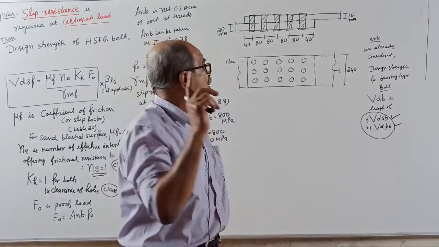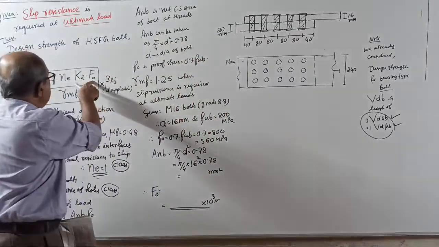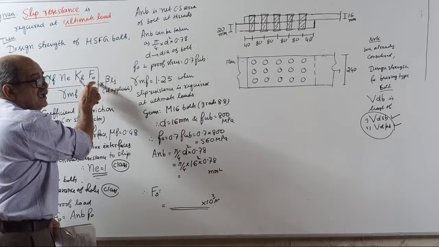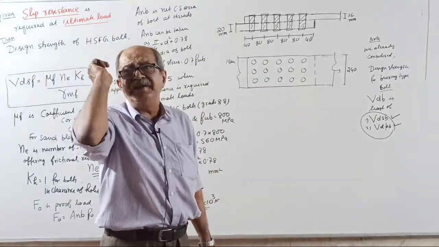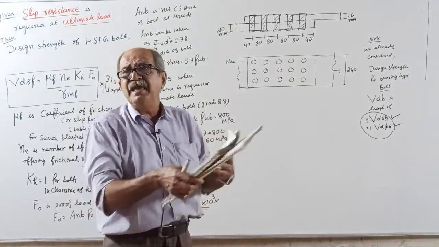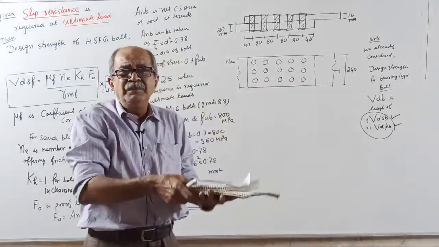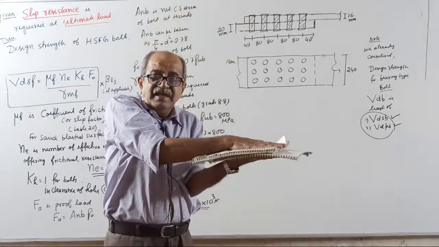The tension load in the bolt is called F naught, F_0. Remember, the tension force in the bolt is called F_0. It will come a little later. It already came in the last class, but still, briefly for everybody. Now the bolt will be in tension, therefore the bolt will press the two plates like this.